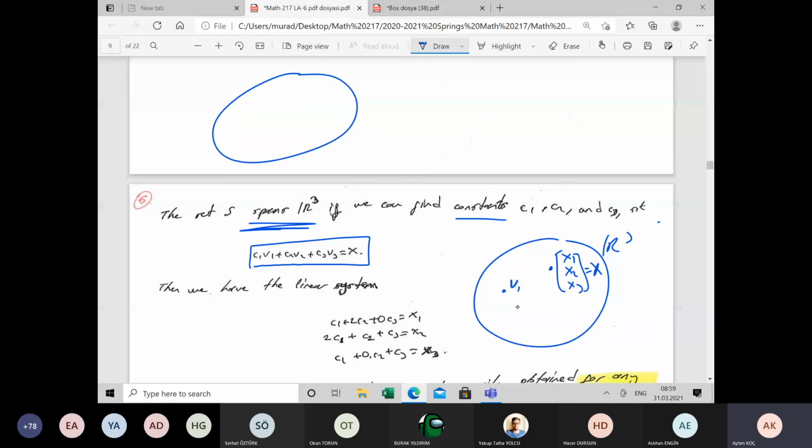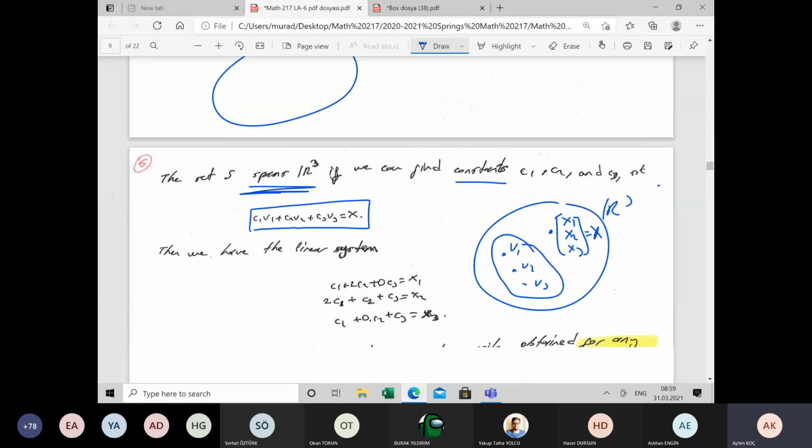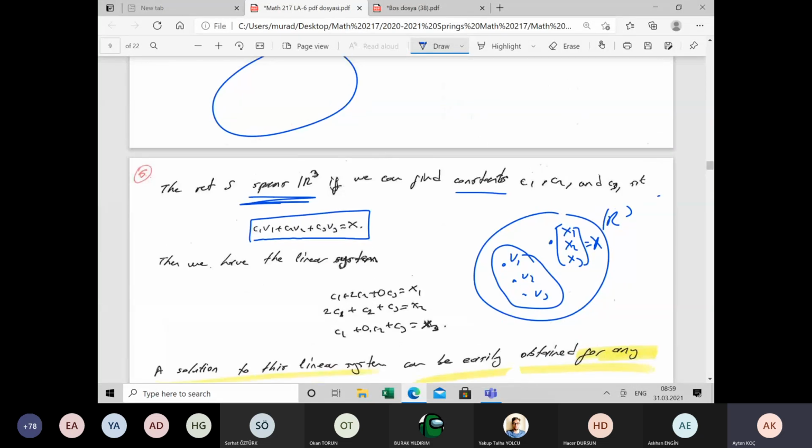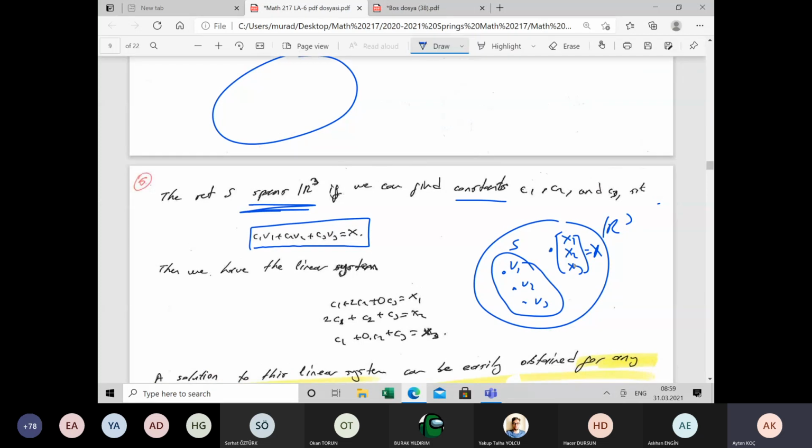This one is S. Is the vector X a linear combination of v1, v2, v3 or not? It means you have to find C1, C2, C3. So right here, in this equality, C1 V1, where V1 is 1, 2, 1.